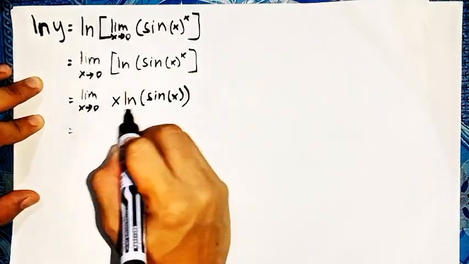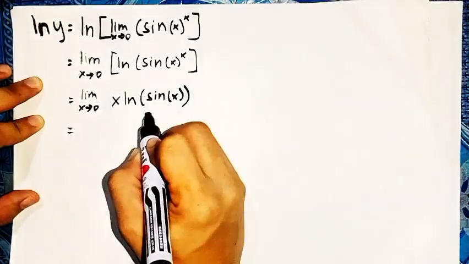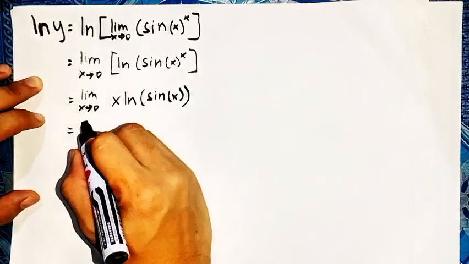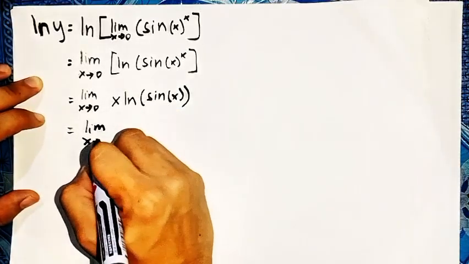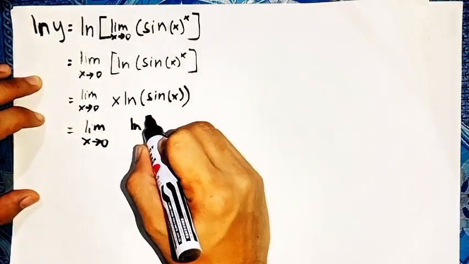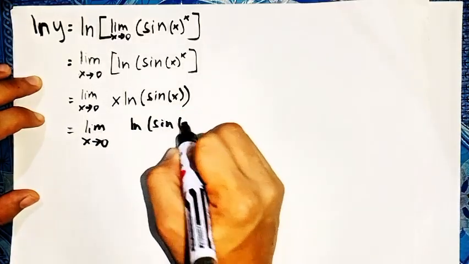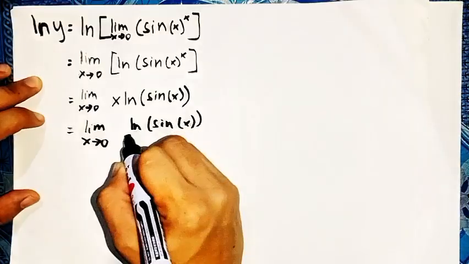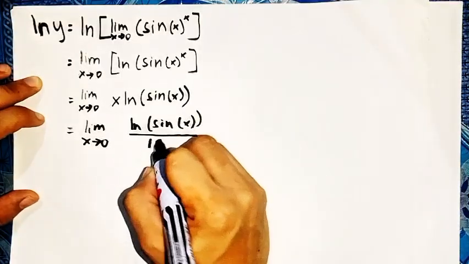So we have a new expression now. We can also rewrite this expression. It is equivalent to the limit as x approaches 0 of ln sine x over 1 over x.